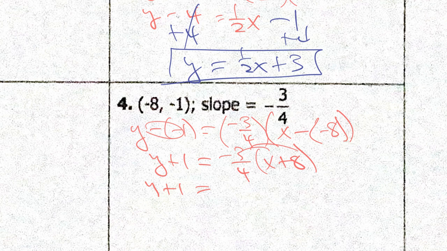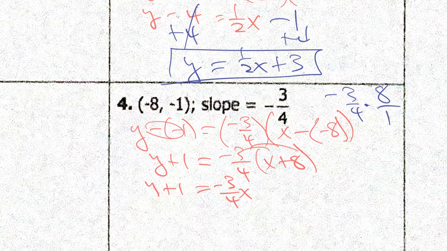guys, what's negative 3/4 times x? Thank you. Negative 3/4 x. And just like we did before here, negative 3/4 times 8. Negative 3/4 times 8 over 1.